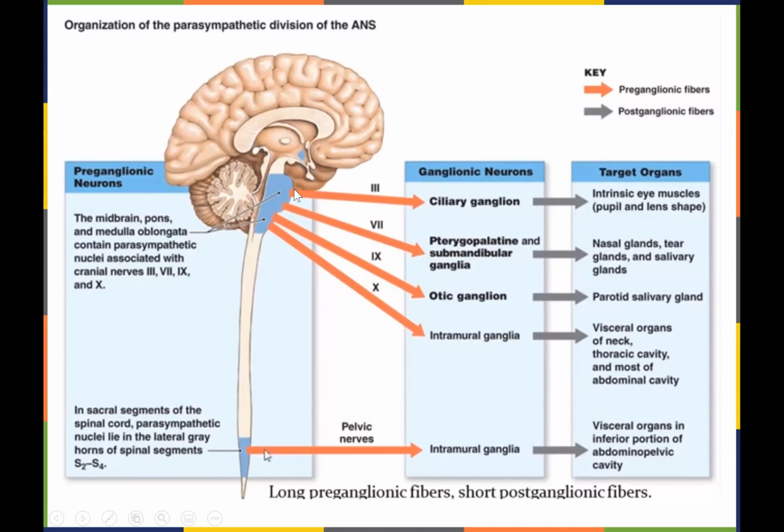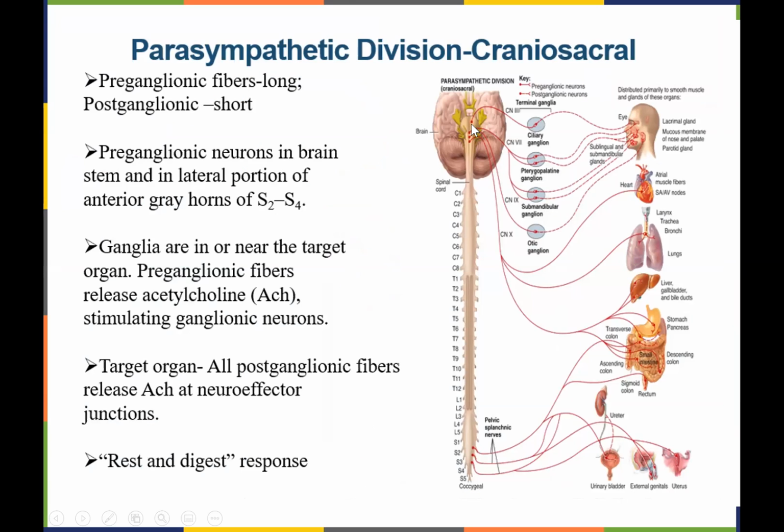Again, opposite to the sympathetic nerves, these will have very long preganglionic and short postganglionic fibers. The second ganglion is very, very close to the target organ. So you can see how it's leaving the brain in the cranium, and then it's going to leave in the sacral region.